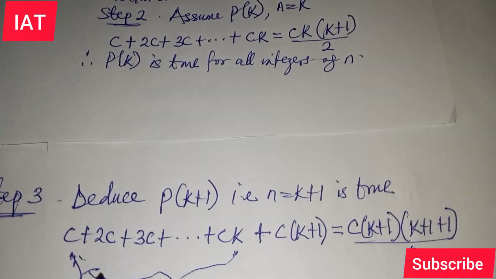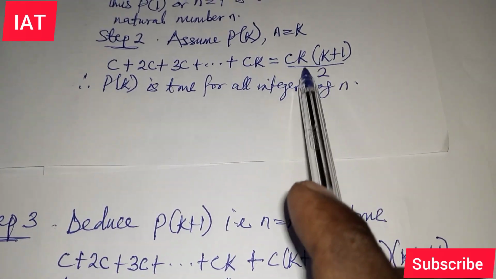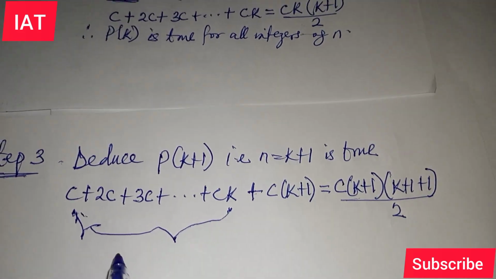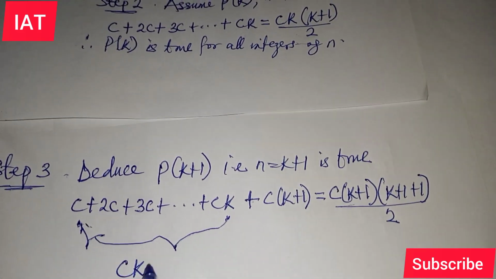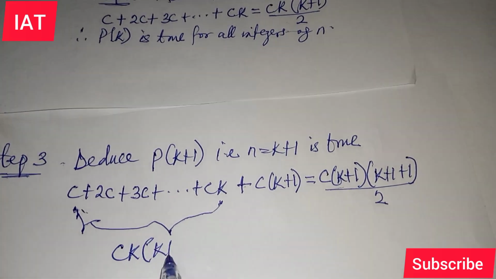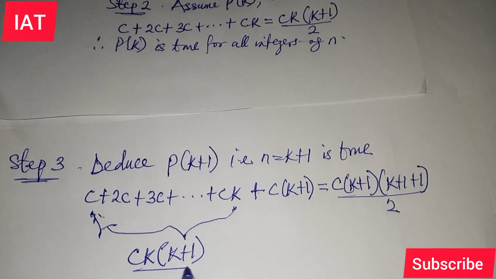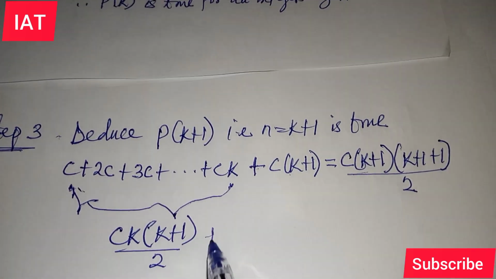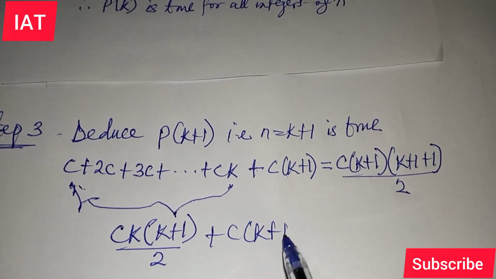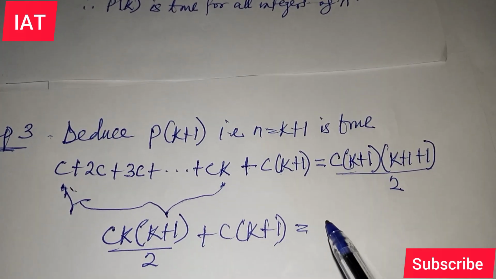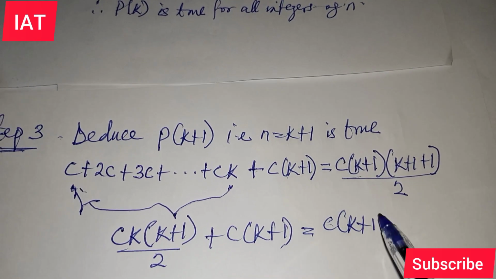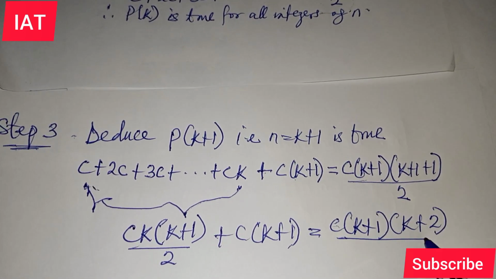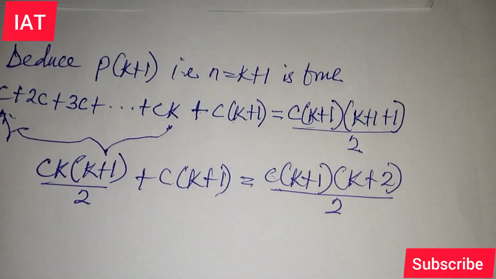Look at it, from this point to this point, ck gave us the whole of this. So we have to replace this with this expression. So here we'll be having ck into k plus 1 all over 2. That is for this. And then plus what we have here, c into k plus 1 equal to, here we have c into k plus 1 into k plus 2, because 1 plus 1 is 2. This should be over 2. So what do we need to do here?